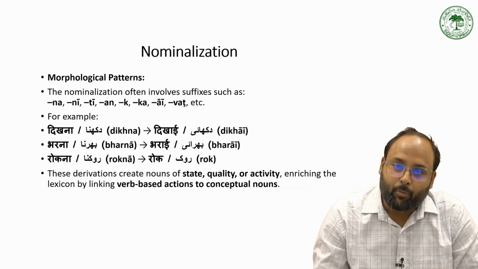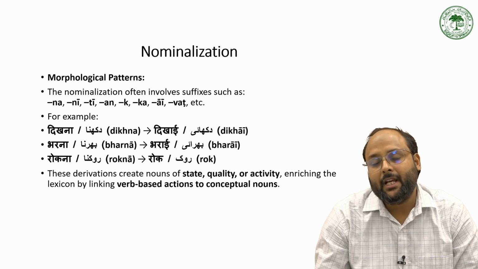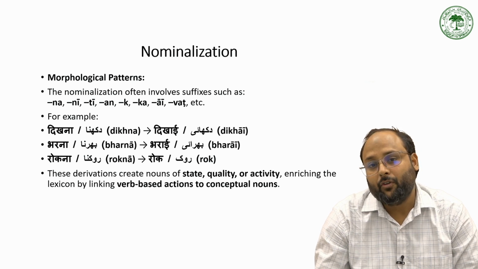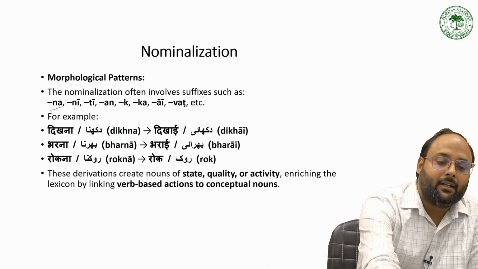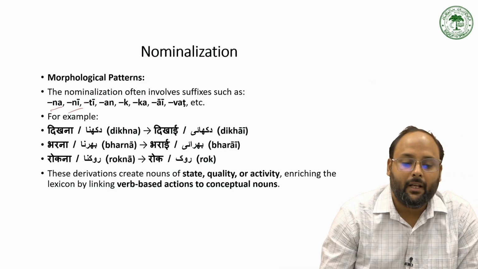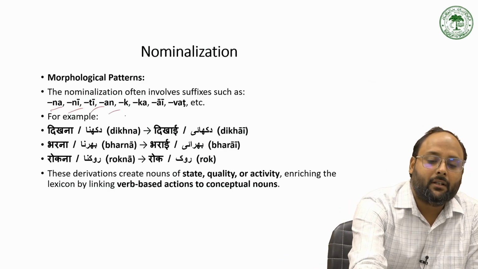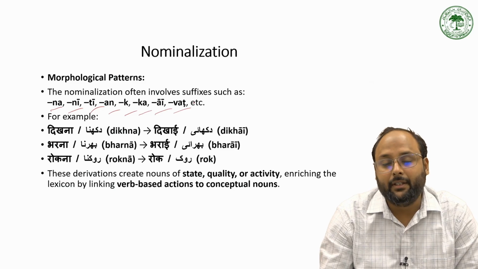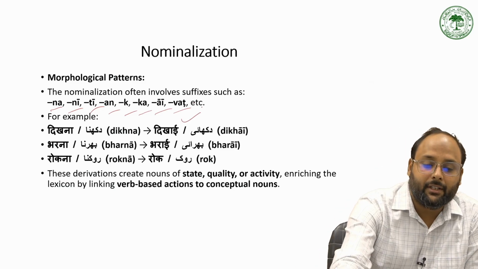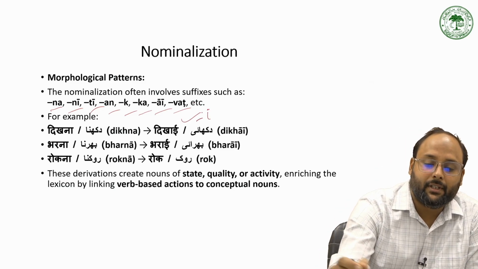In this process of nominalization, we have some suffixation through which we can derive those nouns from the verbs. And these suffixes are na, as in chalan, chalna, ni, ti, an, ka, i, and so on. Like dikhna becomes dikhai, so that is the ai suffix here.